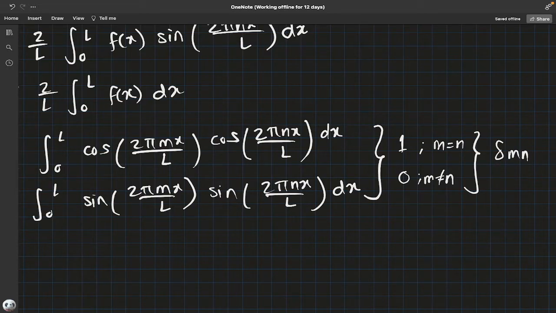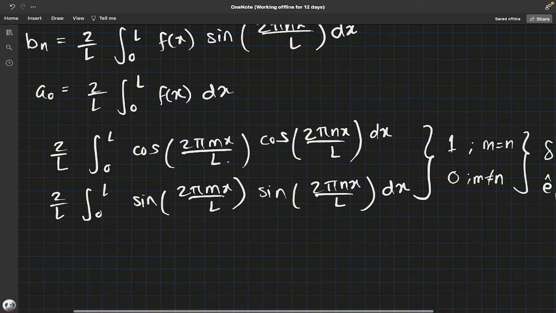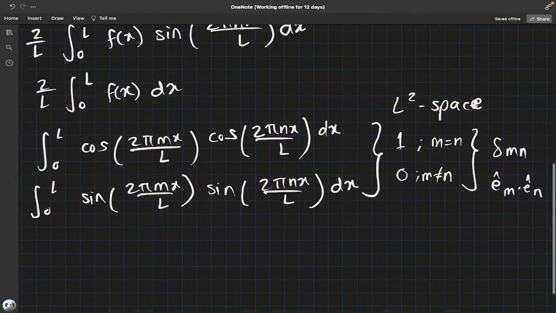We use the Kronecker delta really to represent dot products in orthogonal bases. And this should make sense because we define this integral to be the equivalent of a dot product on the space of square integrable functions. So that's L2 space, which is a space of infinite dimensions because it's spanned by infinite basis vectors.